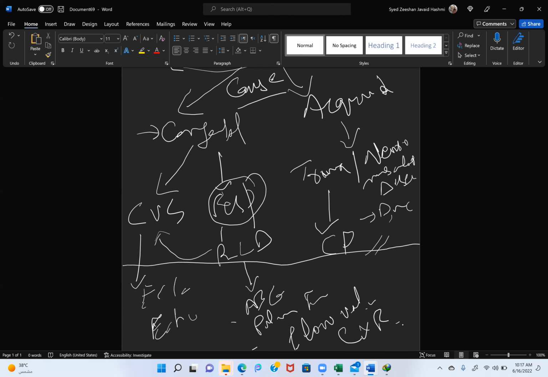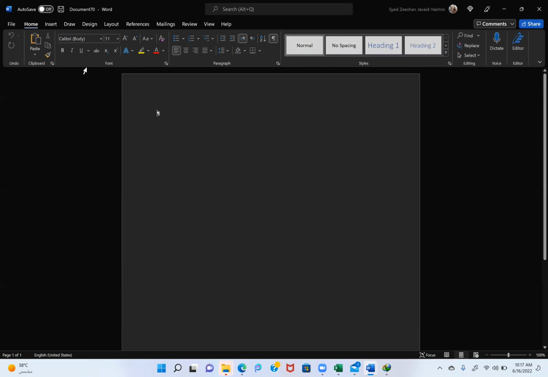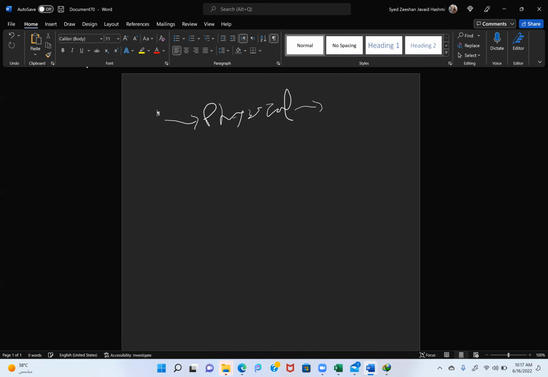Whenever you know this 3-leg tool, it is not only for thoracic surgery. Think about it for any patient. What is this 3-leg tool? One is the physical, mechanical things, which you do in the form of flow volume loop and spirometry.